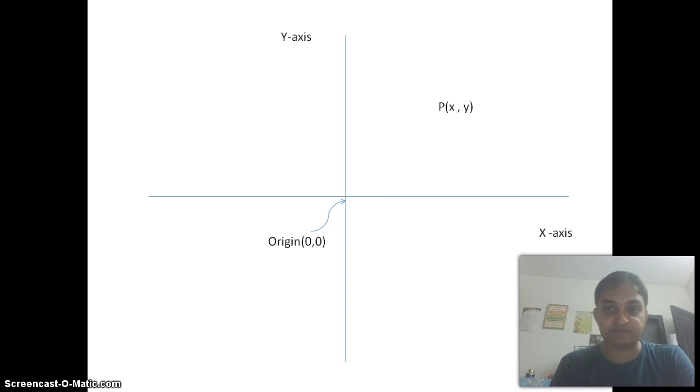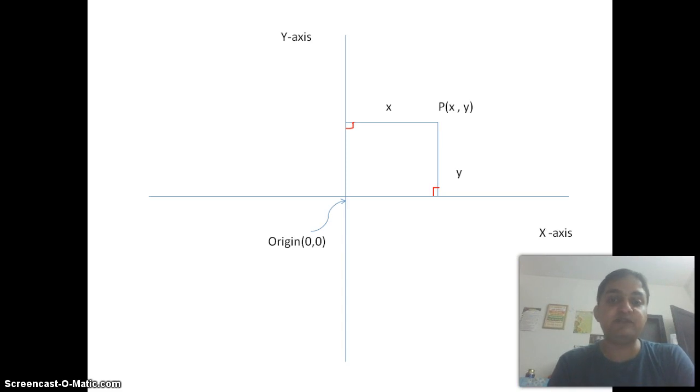Let us see that. The distance of point P from x-axis is its y coordinate. It is obtained by dropping a perpendicular from point P to x-axis. Similarly, distance of point P from y-axis is its x coordinate. It is also obtained by dropping a perpendicular from point P to y-axis.